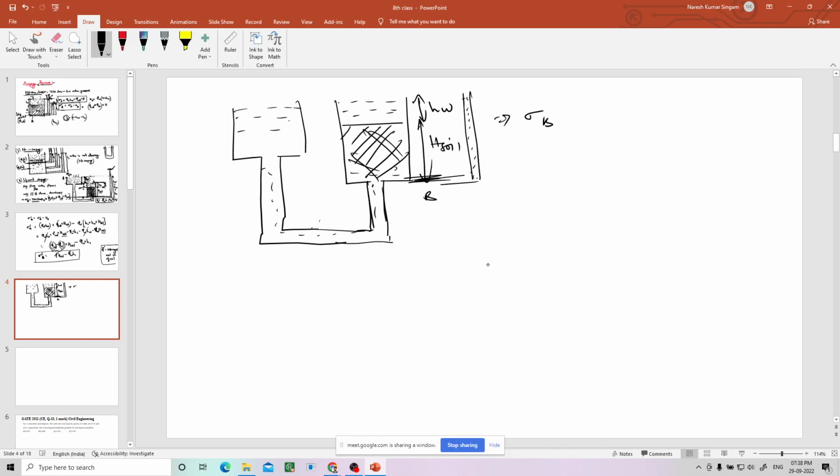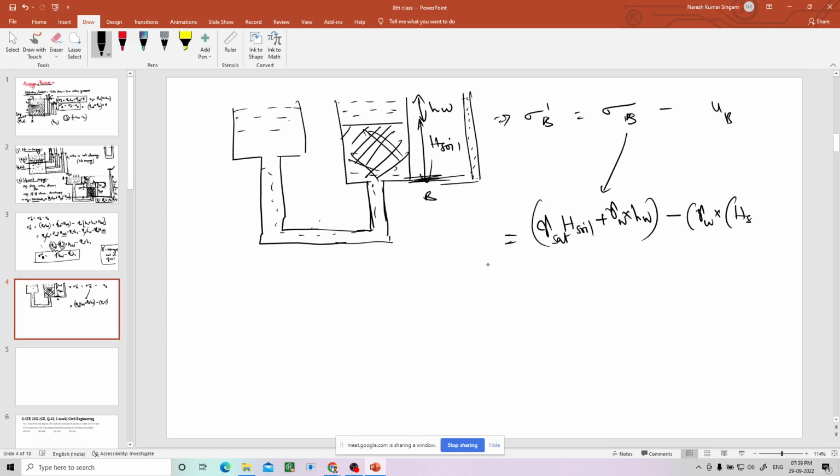Now sigma B minus UB. So this we are talking about, this is nothing but gamma sat H soil plus gamma W into HW, whereas UB is gamma W into H soil plus gamma HW.